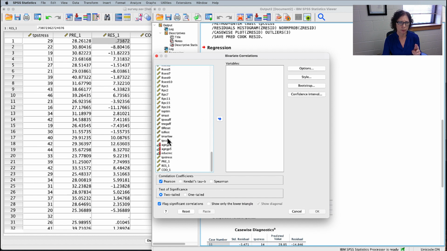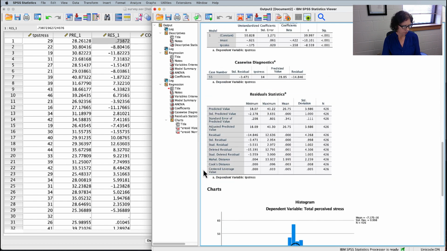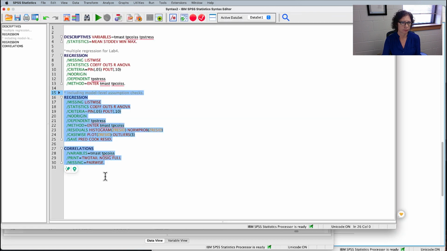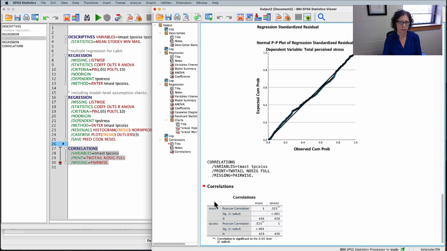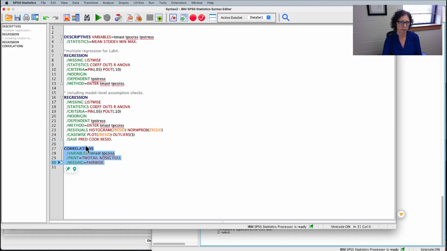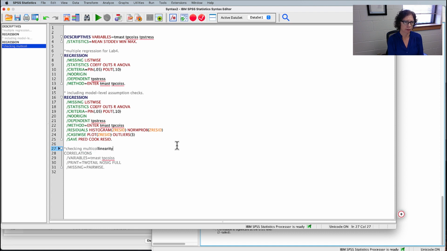So I want to know between total mastery and total perceptions of internal control. So I'm going to paste that and go over to my syntax so that I can run it. There we go. And I can even give myself a note here. Checking multicollinearity.